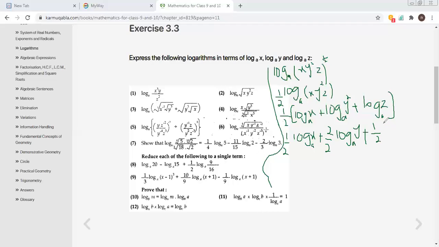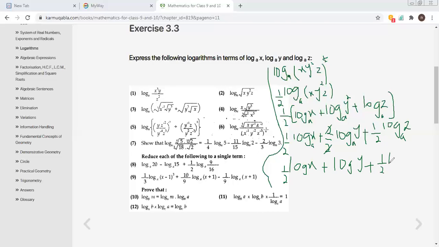1 upon 2 will be multiplied by all three terms, okay, and then z. So 2 cancels from 2, it becomes 1 upon 2 log a of x plus log a of y plus 1 upon 2 log a of z.